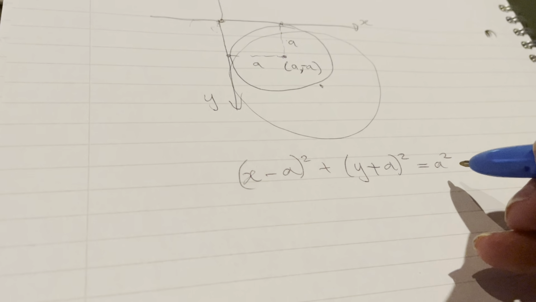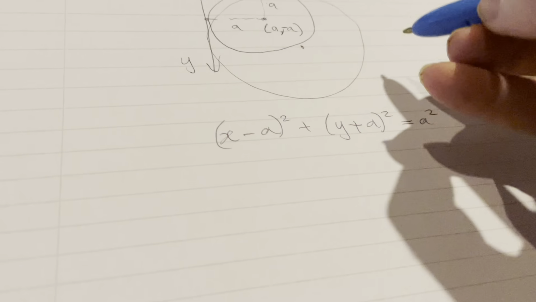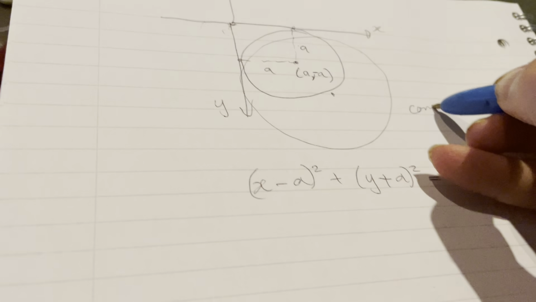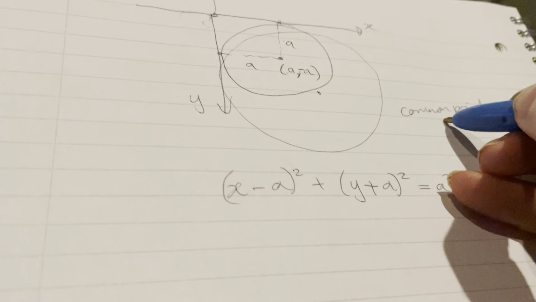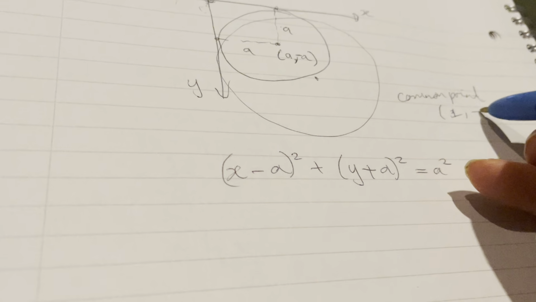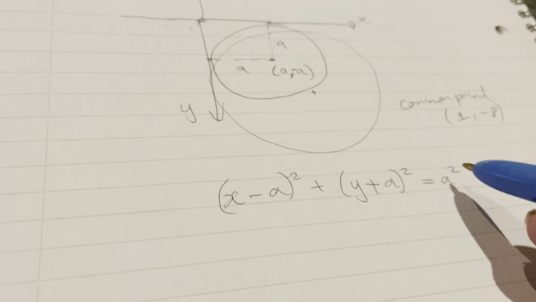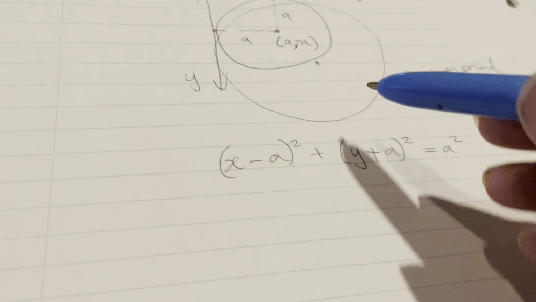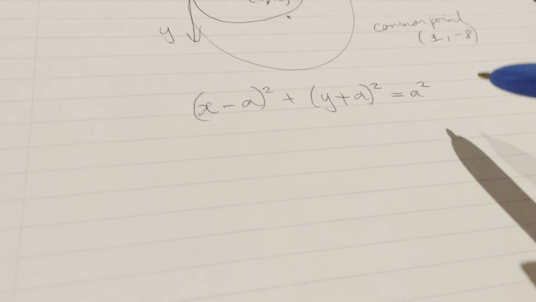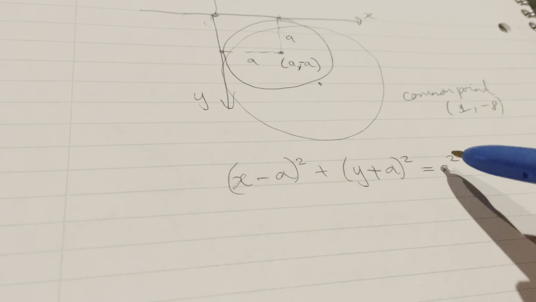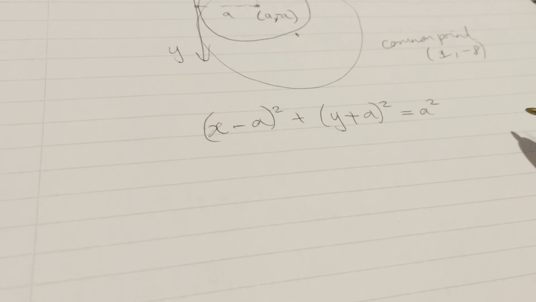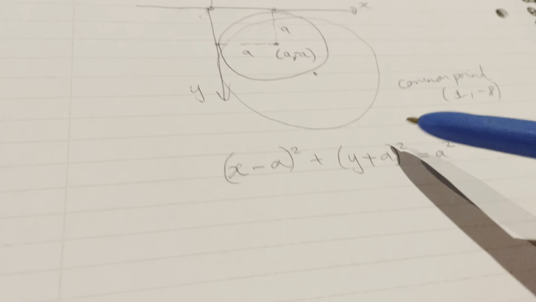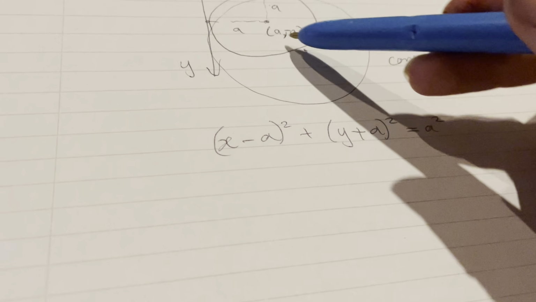Now, the common point is (1, minus 8). So really that's the equation of all circles with just different varying radii. All that's varying in that circle is the radius, and everything is dependent on that one variable, because the center then moves accordingly.